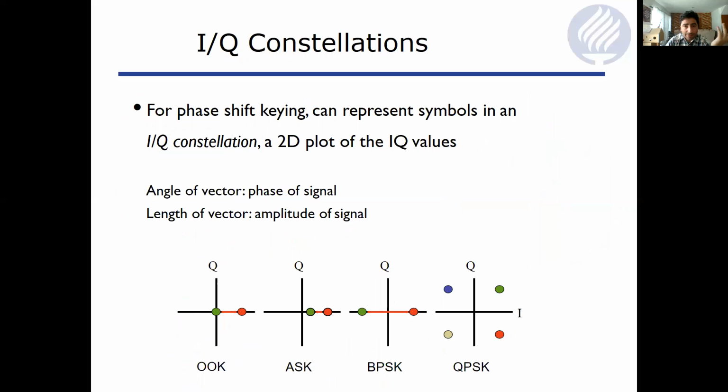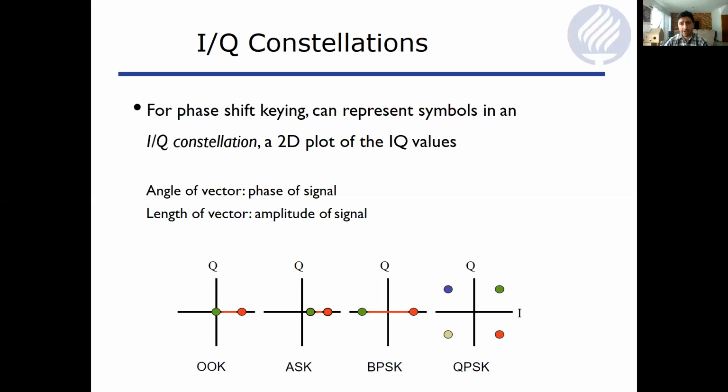What's really available, and the reason why we are going into all these IQ things: the IQ constellation is the way to show easily, with a visual representation, what's really happening in the physical layer.